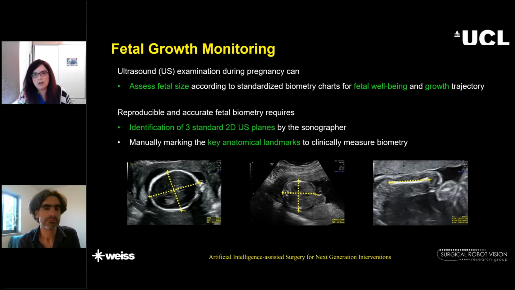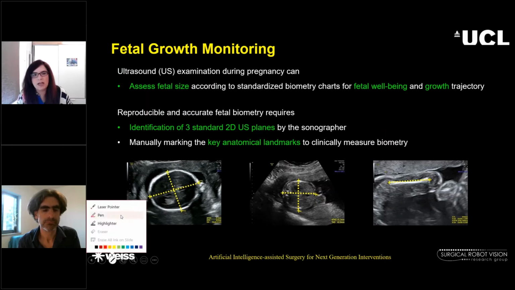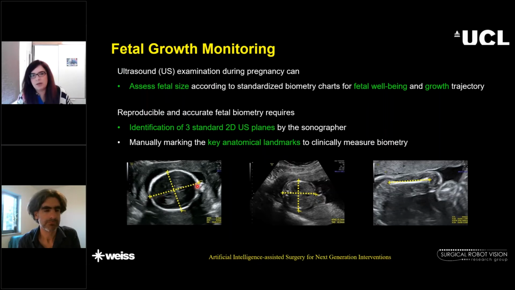For getting a very accurate fetal biometry, the sonographers identify the 3 standard planes on head, abdomen, and femur, and then take specific measurements on these planes by putting some key landmarks, and using these landmarks estimate the biometry.